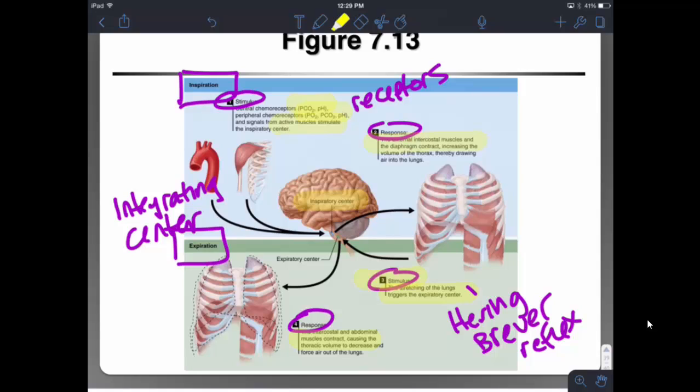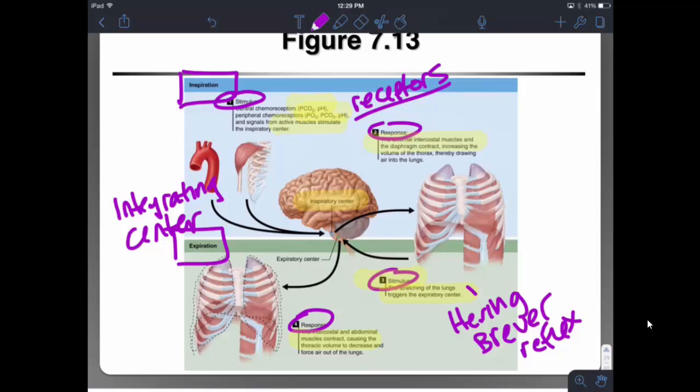Okay, and that response is matched because the integrating center receives information from those receptors about what's going on. The inspiratory center interprets that information, and from that it knows how much, for instance, PCO2 has gone up. If it's gone up a lot, then the response needs to be greater.